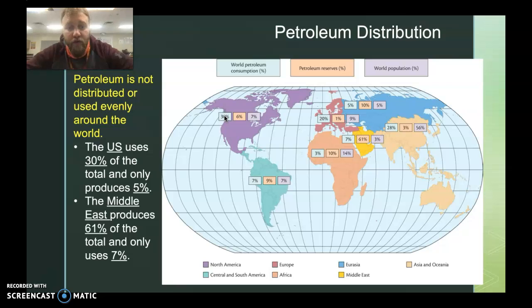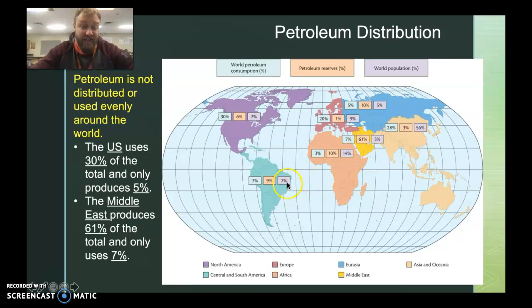However, even though we use a lot of petroleum, we are not ones that really make a ton of it. I mean, we've made more once we've had fracking and different things like that involved. But generally, most of our petroleum is going to be found within the Middle East.